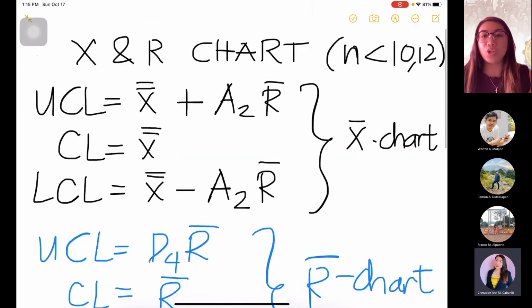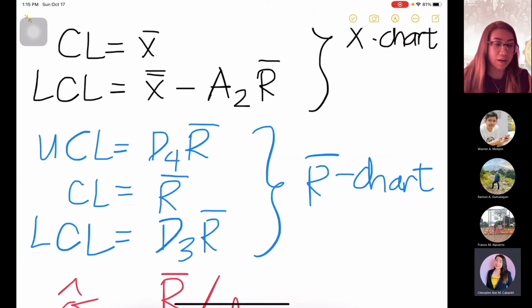So double bar X plus A2 R bar, double bar X minus, no? Then D4 R bar, then R bar, and then just D3 R bar.